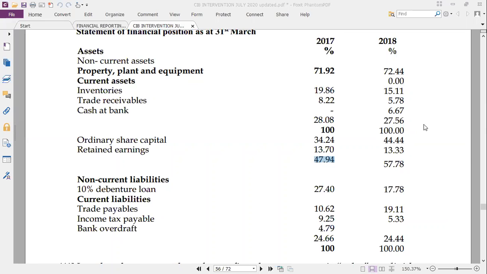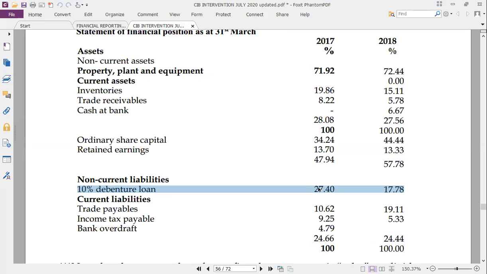So now you can do the grouping. Normally in that section, we only need the total of the current liability. What's the current liability total? That's the 24.66. Then here too is 27.